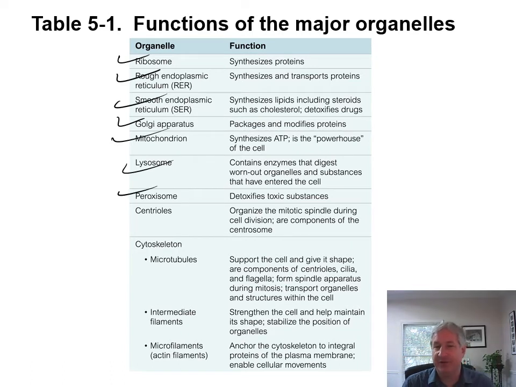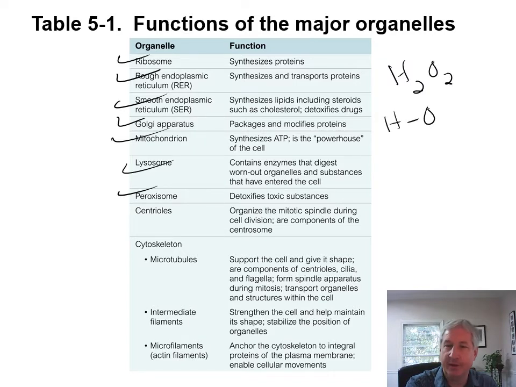Peroxisomes are often used to detoxify toxic substances. They produce peroxides that are used to detoxify these things. One of those is hydrogen peroxide, a simple one, H2O2, and it structurally looks something like this.